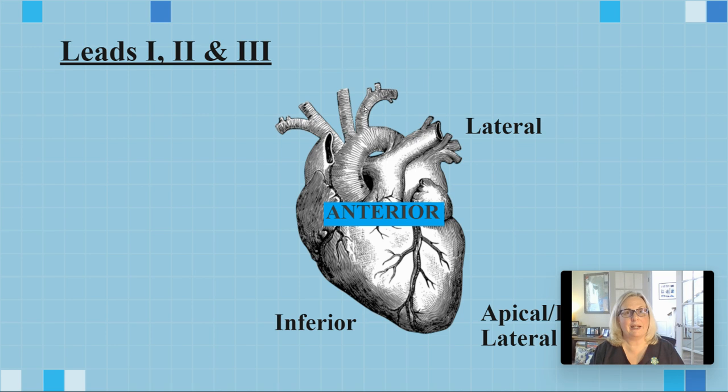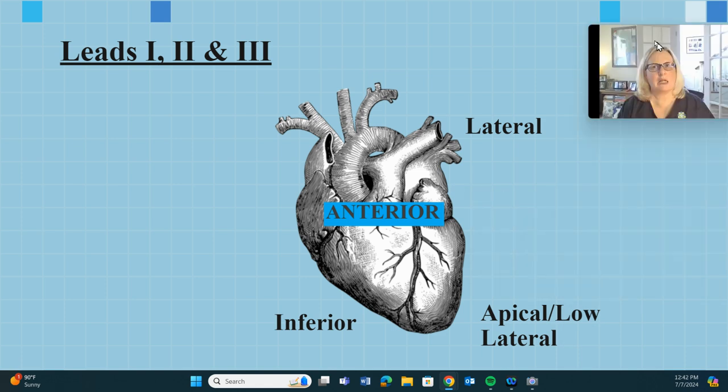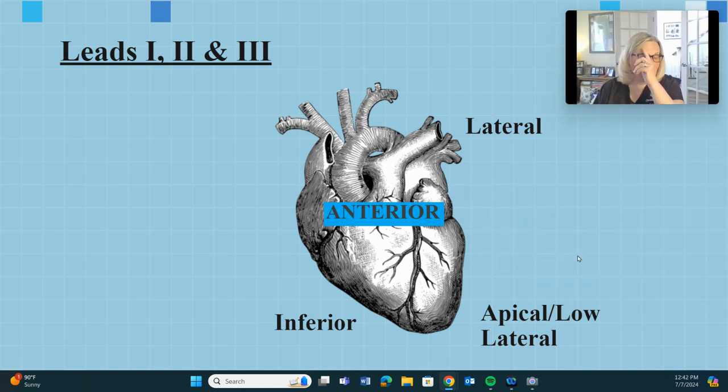You can see the heart here, and we have our heart broken up into different parts. I'm going to move my face up here so you can see my screen a little bit better. So across the top of the heart, near the top, I have this up here. This is considered the lateral region. So anything that goes across the top and lands over here on the left arm is going to be considered lateral.